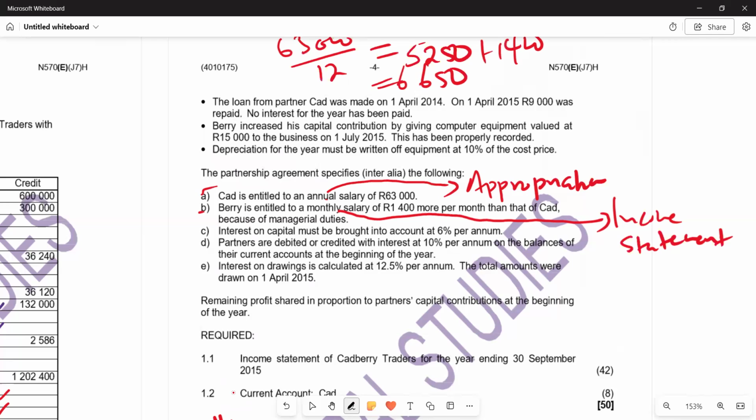So to calculate the annual salary now for Barry, we multiply 6,650 times 12. So if you multiply there, you will see that you are going to get 79,800. So we are just going to summarize the last working, which is 6,650 times 12. So we go there.